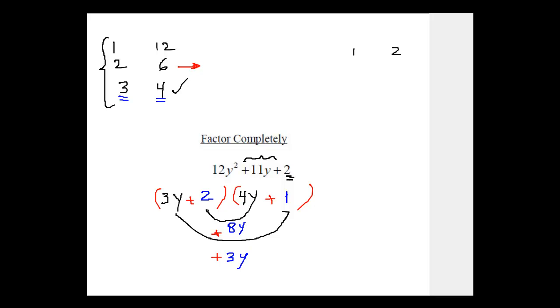If I put 1 here and 2 here, 1 times 4 is 4, and 2 times 3 is equal to 6. So you see that that's not going to work. That's not going to add up to 11y. So then you have to switch them around.